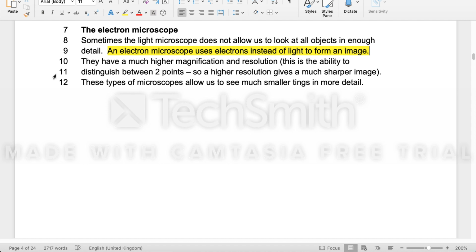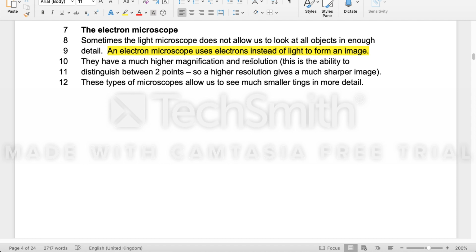Electron microscopes are really cool for that because sometimes you can create a 3D image of a cell, and I'll show you a picture of what I mean. Depending on the type of electron microscope, you either get a 3D image or a 2D image in a lot more detail. Going along, they have a much higher magnification and resolution.